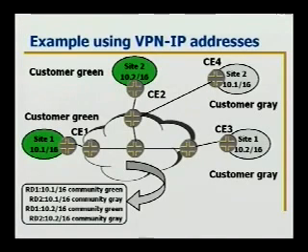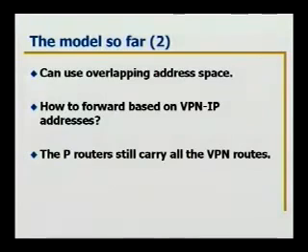We have the green customer and the gray customer, and they're using the same address space, except now we're attaching the route distinguisher to the address. So inside the BGP advertisements, we have distinct addresses being advertised with the respective communities, and there is no problem. So now we can use overlapping address spaces, but we exchanged one problem for another, because now I have no idea how to forward based on these kind of weird addresses.